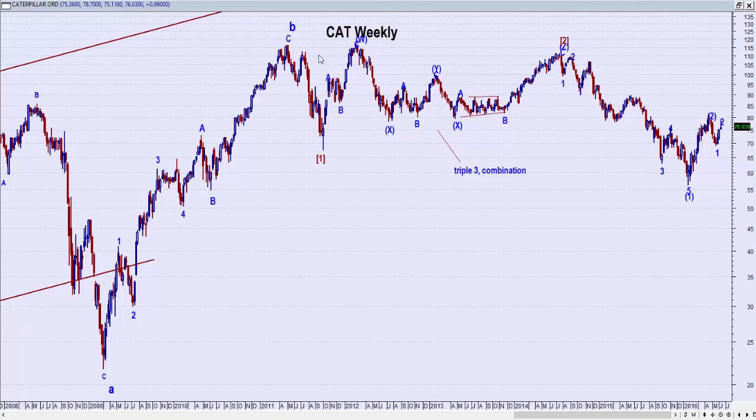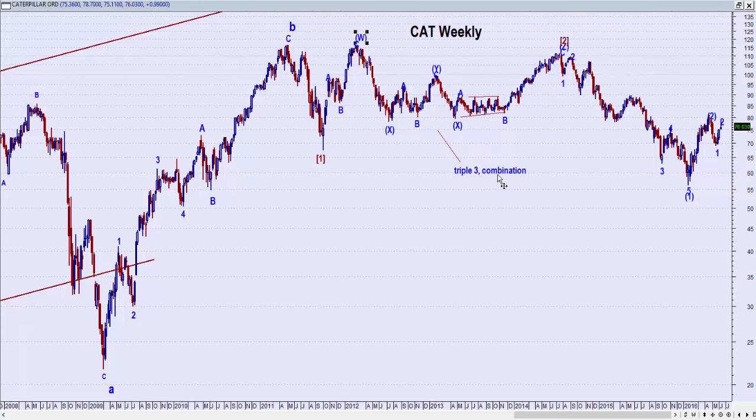And now it looks to me like we got 5 waves down here, again on a weekly chart, and a 3-wave pullback. This 3-wave pullback in A, B, C completes a first wave. And so this is why I call this a 3-3 combination.